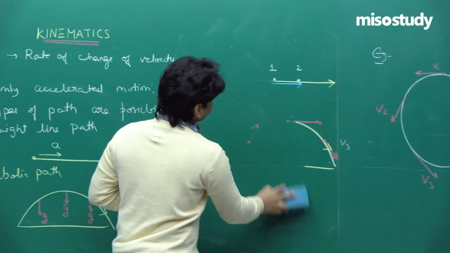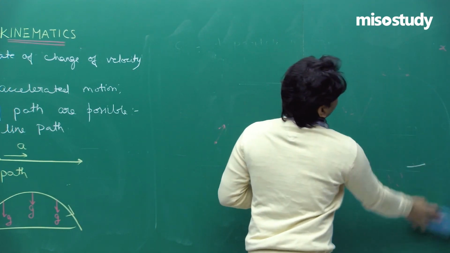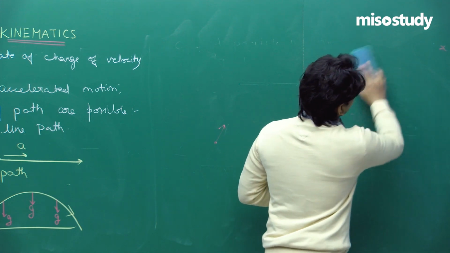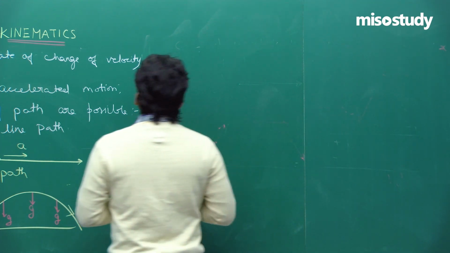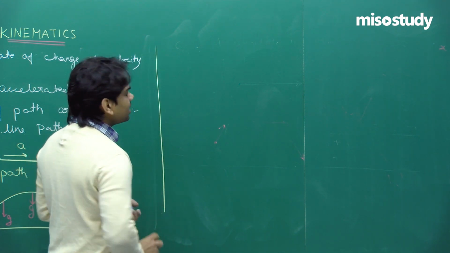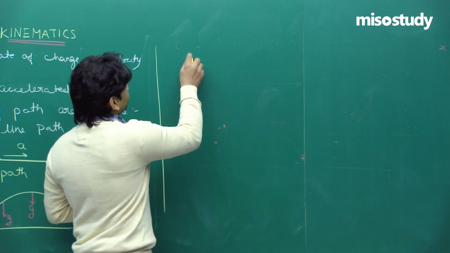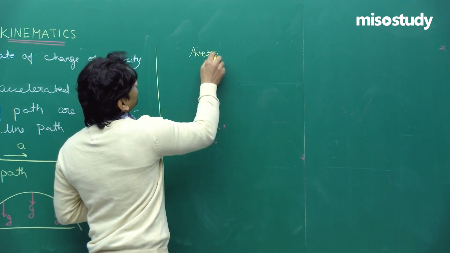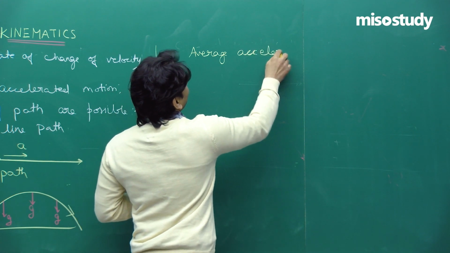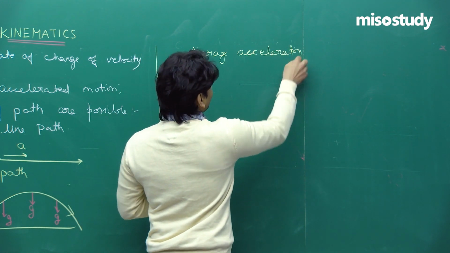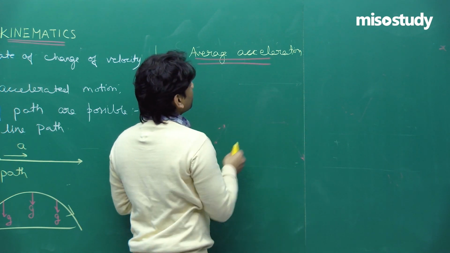Now, let's see some formulas related to acceleration. Acceleration is also of two types, average acceleration and instantaneous acceleration. The average acceleration is the net change in velocity upon time taken.